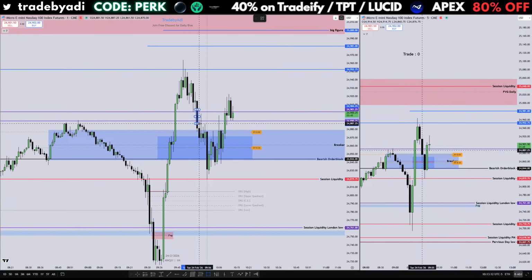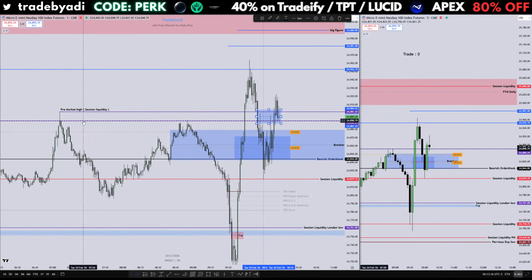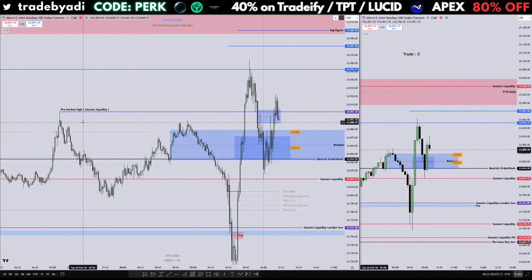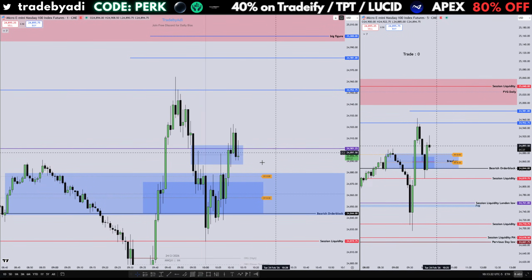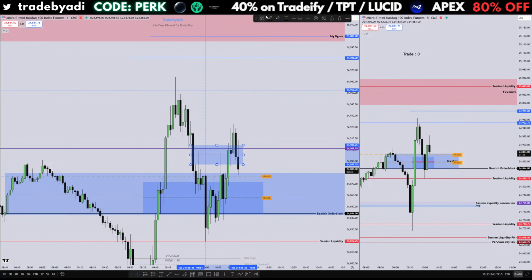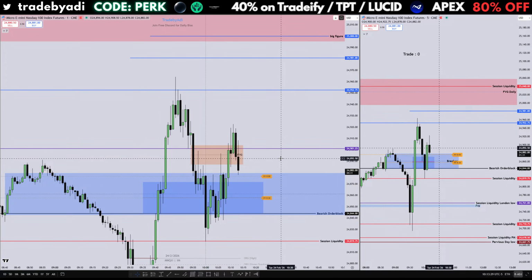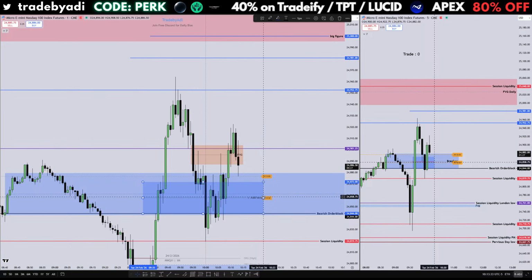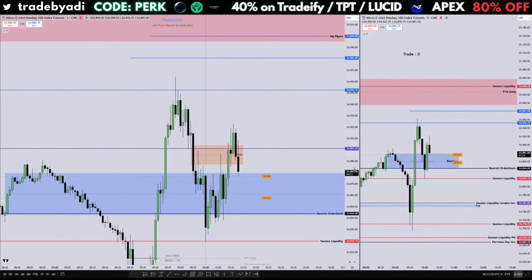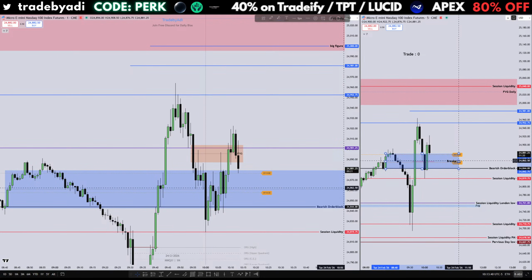We have inverted this gap, this fair value gap. And we again tapped to this breaker.